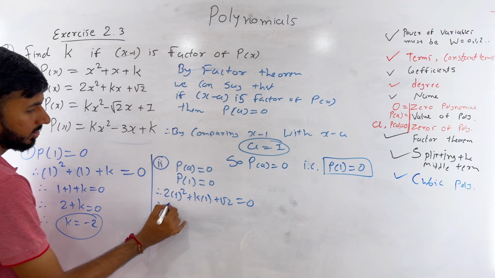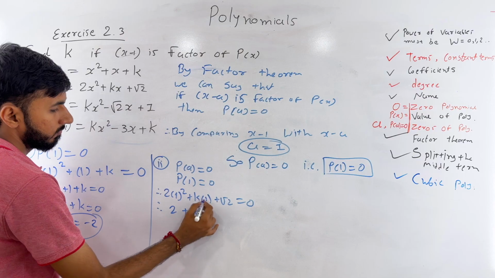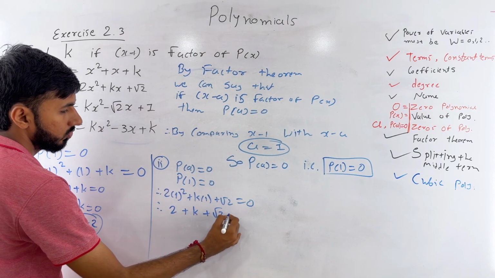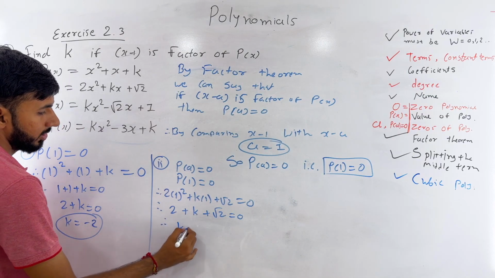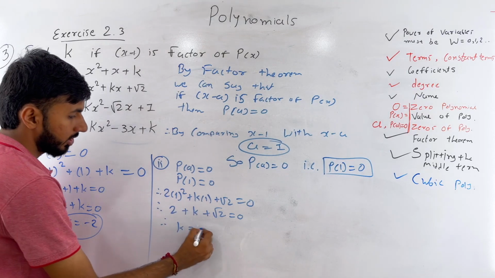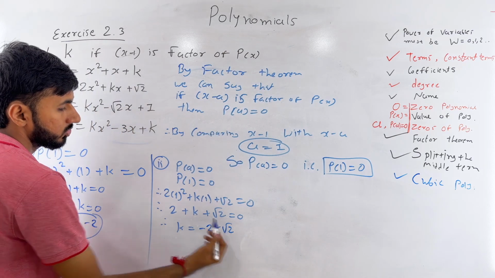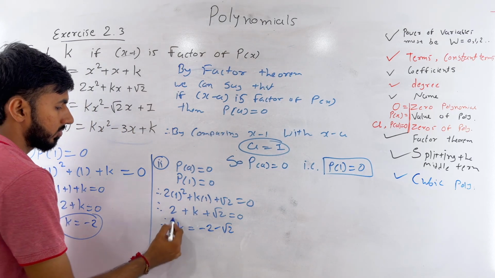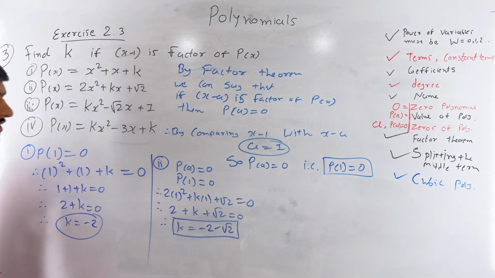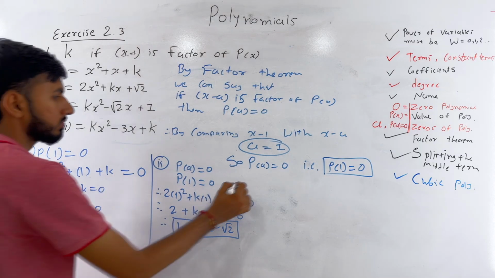Now 1 square is 1, so 2 multiplied by 1 plus 1 multiplied by k, that is k, plus root 2 is equal to 0. If I write only k on this side and transpose all other numbers to the other side, k is equal to minus 2 minus root 2. So my k will be minus 2 minus root 2. Very easy.